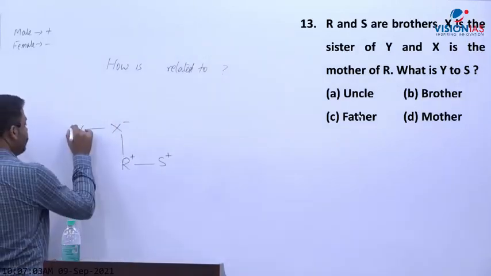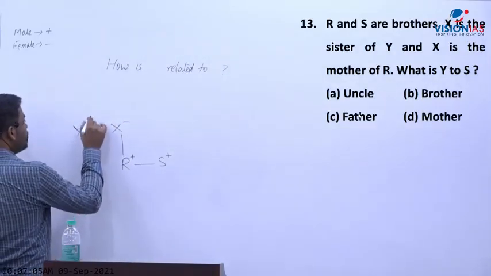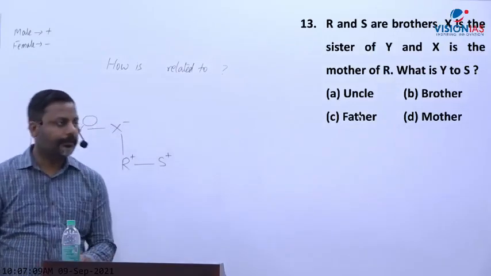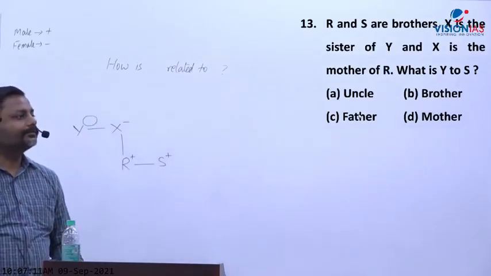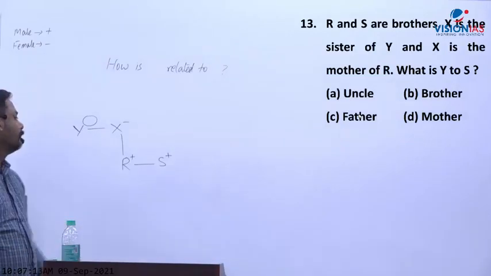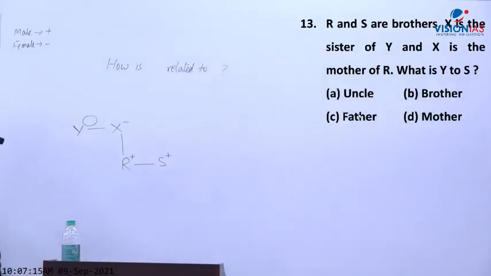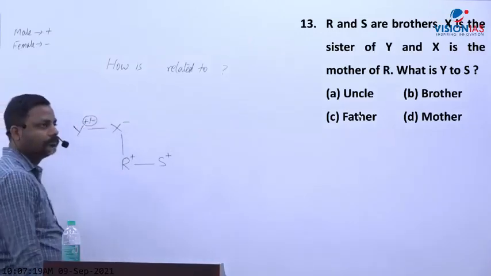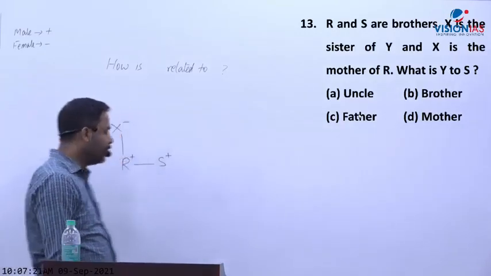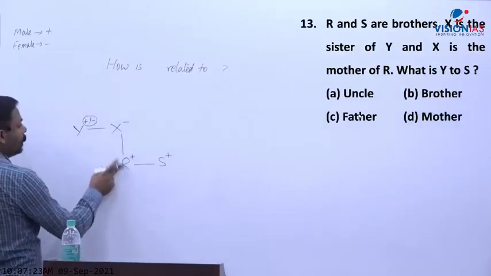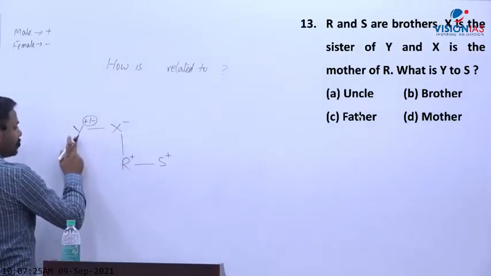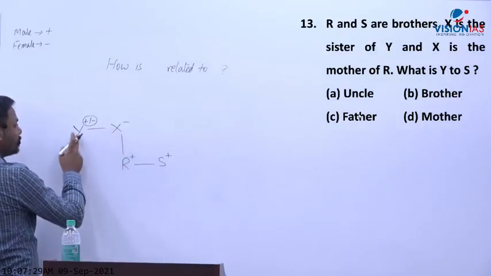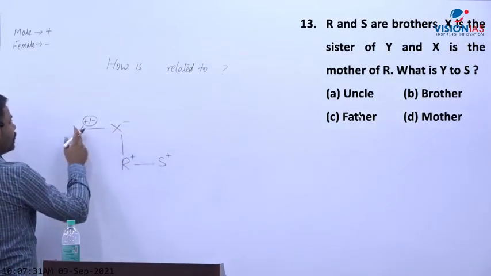See, since we are not getting the information about the gender of Y, Y can be male or female. If we consider Y as male, then S's mother's brother is called what?